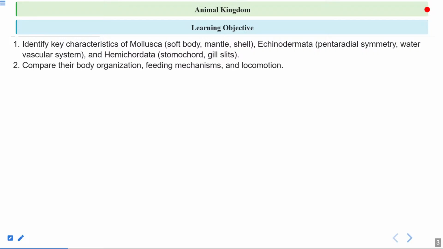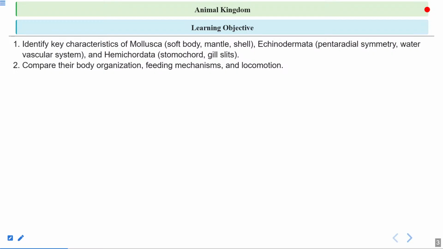Now, we'll talk about their body organization. What do you understand by body organization? The body can be at the cellular level, the tissue level, then organ, and then organ system. Living organisms are made up of cells.